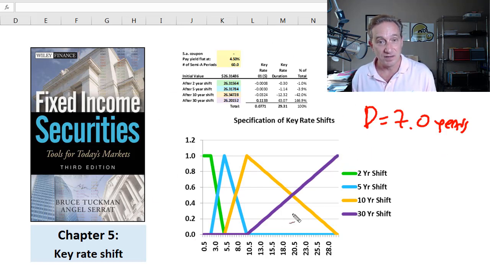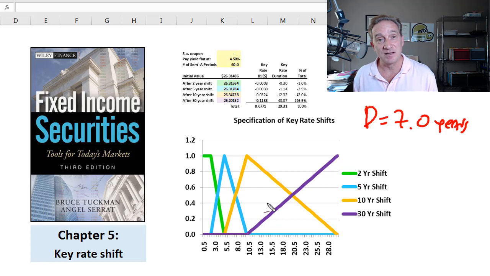Enter the key rate shift technique, which in this case, in the table we'll look at, takes that term structure and selects only a limited number of key rates, in this case 4, so that we have 4 regions. Then the analysis, instead of a single duration, will produce for us 4 key rate durations, and our portfolio manager can design a hedging portfolio with 4 different securities that now will be protected in many scenarios where the shift isn't parallel.